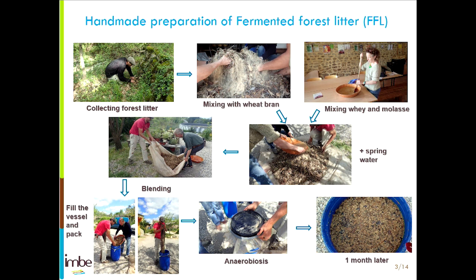The blending is very important, and we fill vessels from 30 liters to 200 liters, and we pack it to avoid oxygen during the process. One month later, we get the fermented product.